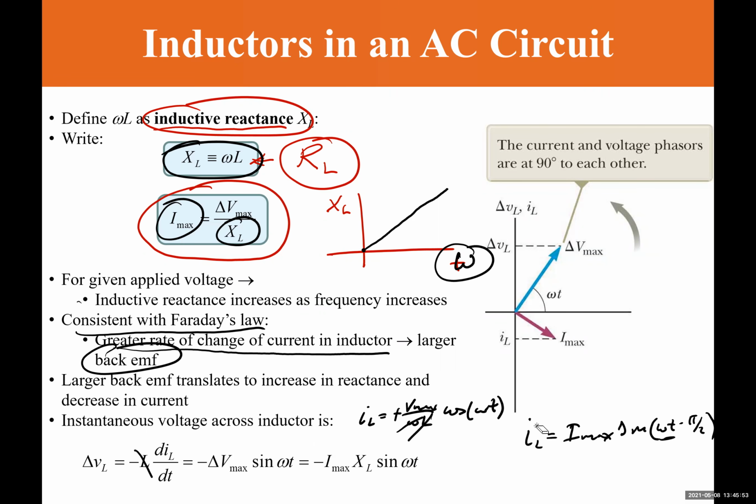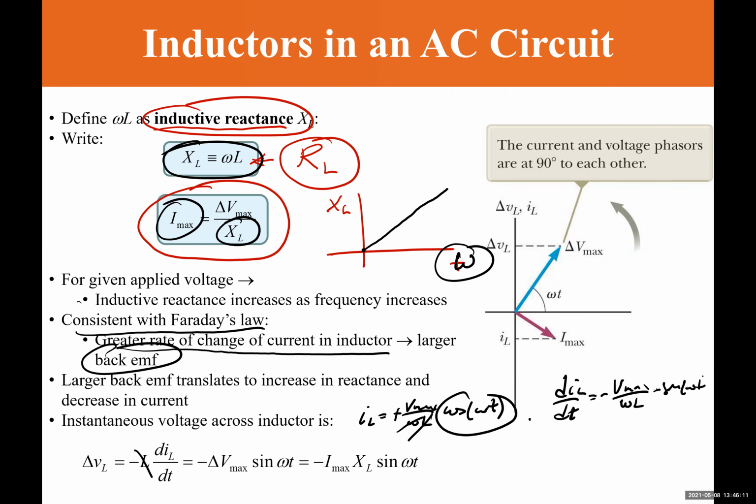Let me show you what I mean. For dI_L/dt, I have negative Vmax over omega L. First take the derivative of the cosine, so it becomes negative sine omega t, and those negatives cancel out. Then we take the derivative of the argument, which gives omega, so those omegas cancel out.